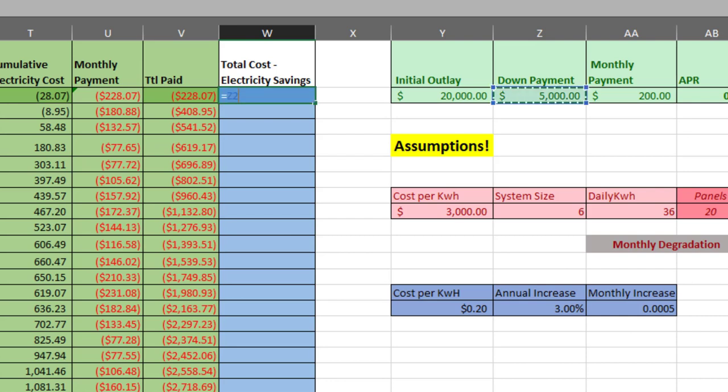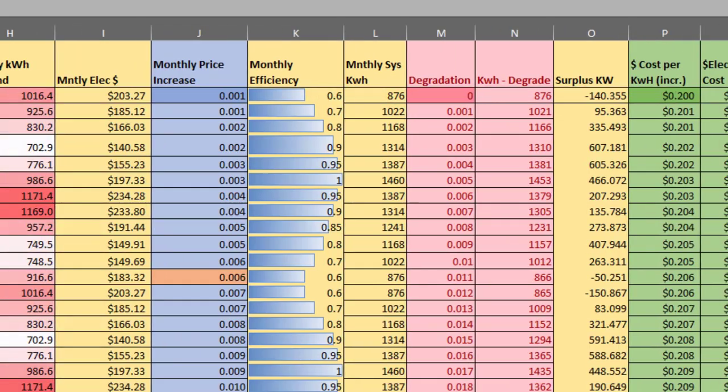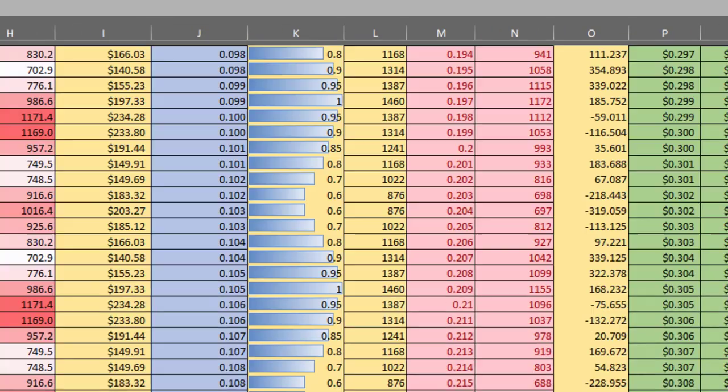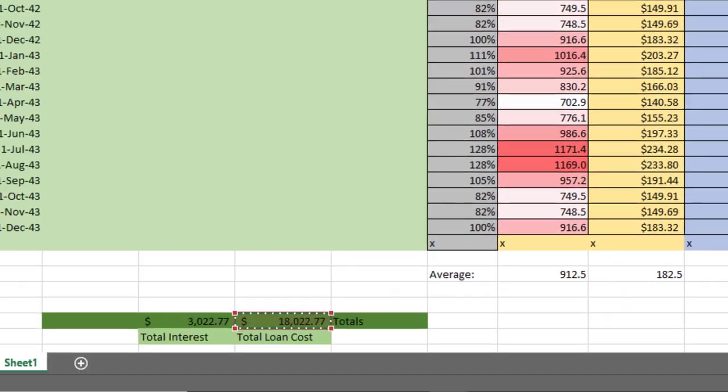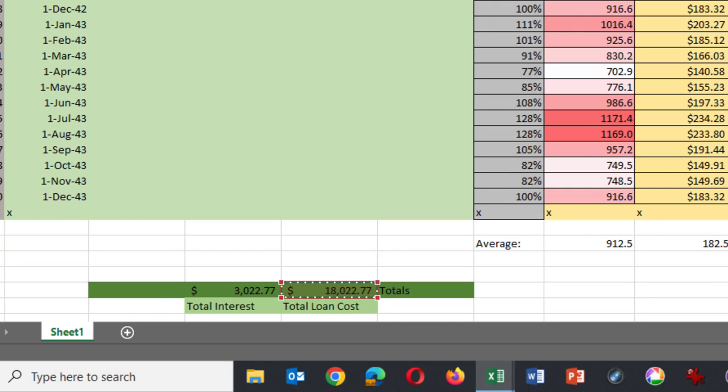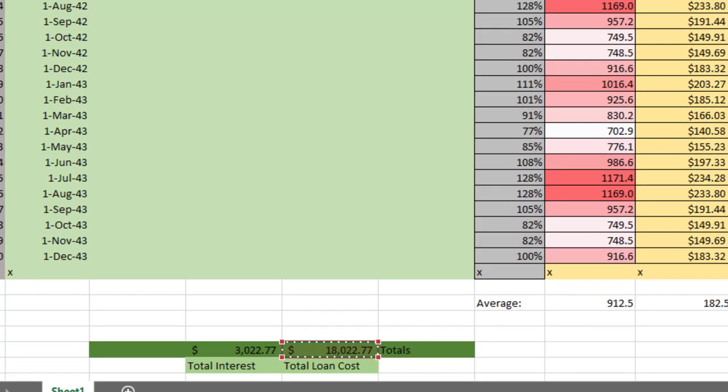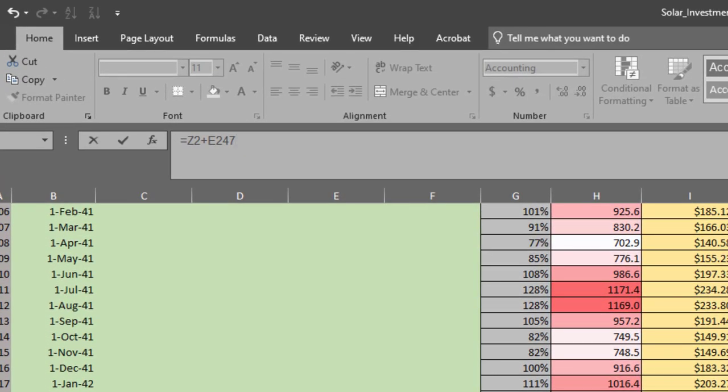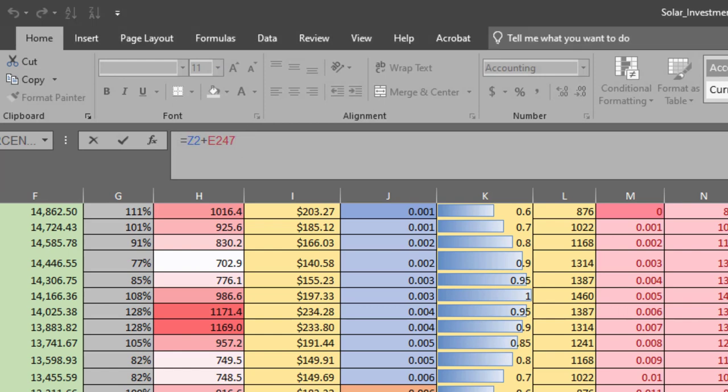We put a down payment of $5,000 on there, and to that we added the total cost of our loan, which is the $15,000 that we paid plus the $3,000 in interest, so that's $18,000. There's the formula up at the top, and around this I really should put parentheses, because this is the total amount we paid.